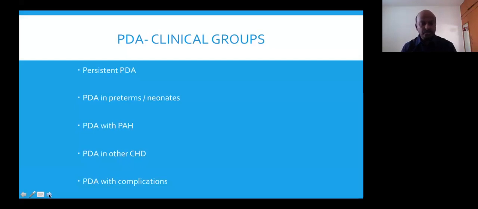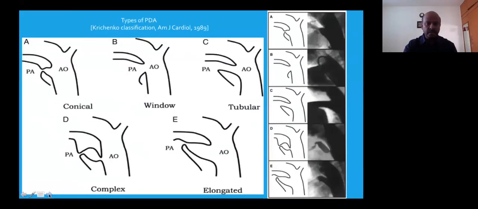The majority of these spontaneously close off when the duct closes and they thrombose. We'll have a little detailed look at that in coming slides. Now, when you are reading about PDA, it's important to know the morphological classification of PDA based on Krichenko.